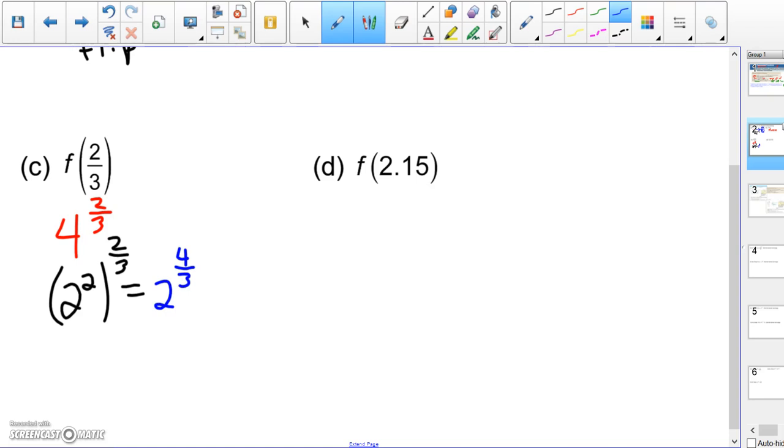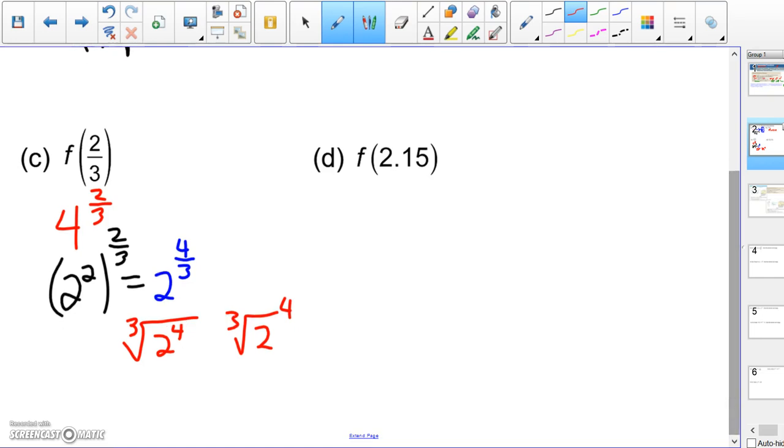Now hopefully you remember that the 1/3 power is the cubed root. So I see the cubed root of 2 to the 4th power. Now, you could say that that's the same thing as the cubed root of 2, to the 4th power. Those are the same thing. And so you want to use whichever one you think is going to be easier for you to deal with. So I choose the first one.